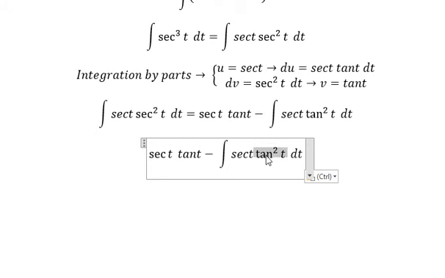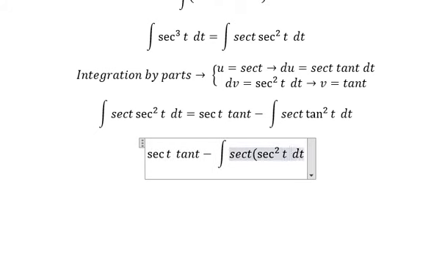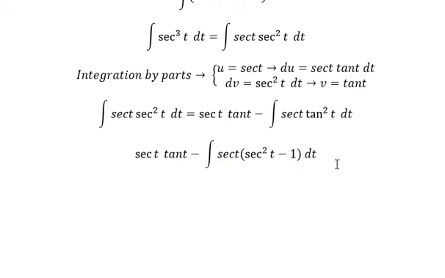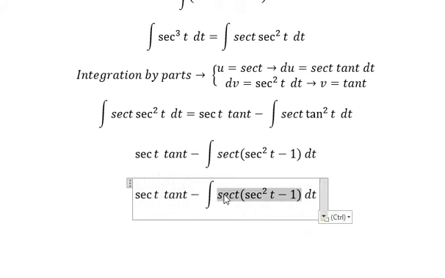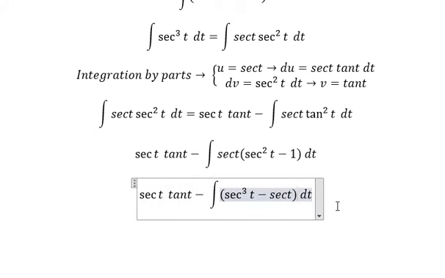And this one in here, we change for secant of t square minus 1. Secant of t multiply with this one and this one. And we separate them in here.